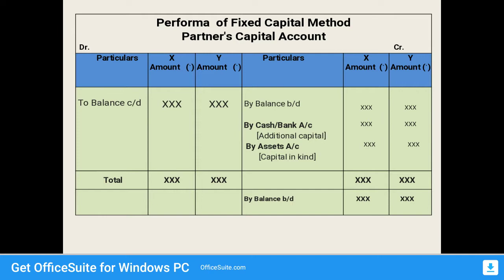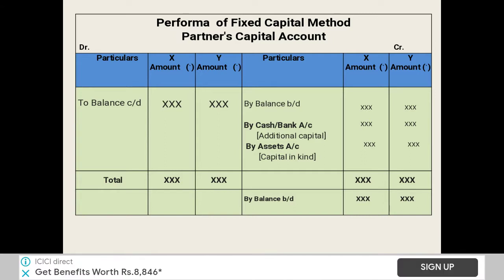So that is the format of the fixed capital method. Partner's capital account: credit side by balance brought down, by cash or bank account, by asset accounts, and balance carried down to the debit side.